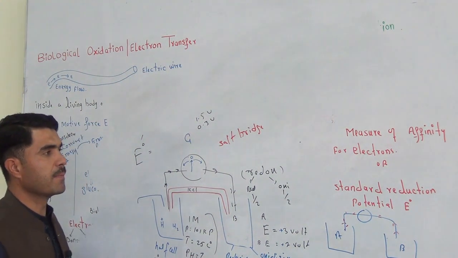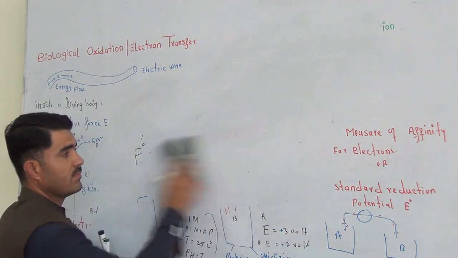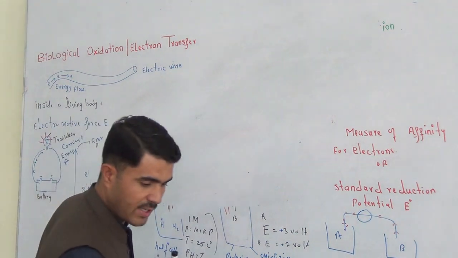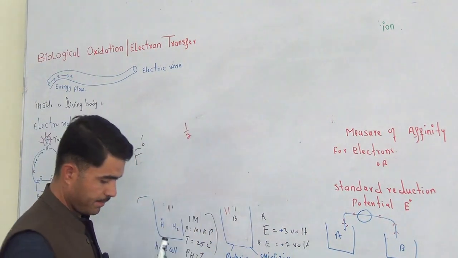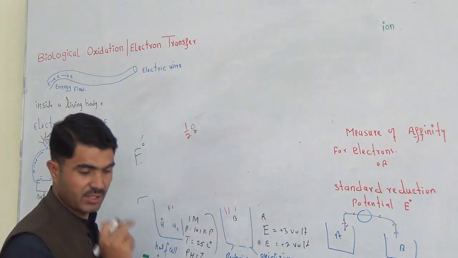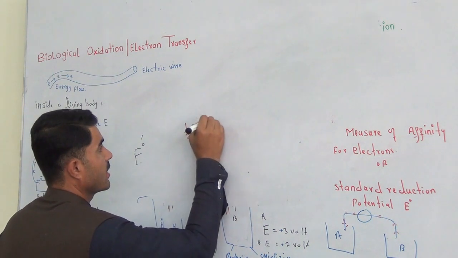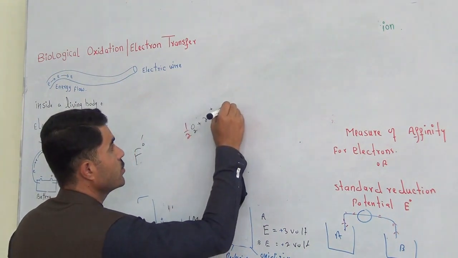Now you will see in the book there are a lot of pairs. One example is oxygen. This means one oxygen atom, and there are 2 hydrogen ions and 2 electrons.